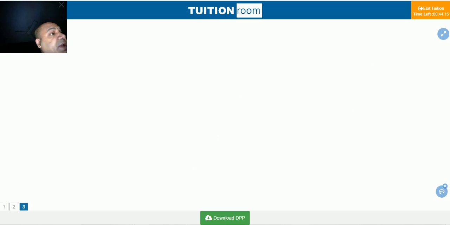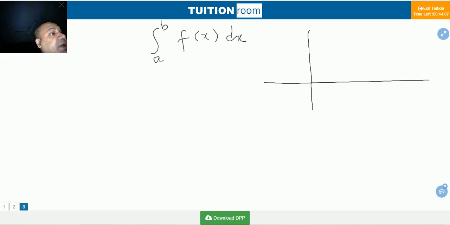Suppose we have to find the value of the integral from a to b, and its graph is shown as such. Suppose this is a, this is b, and we are required to find the area of this.